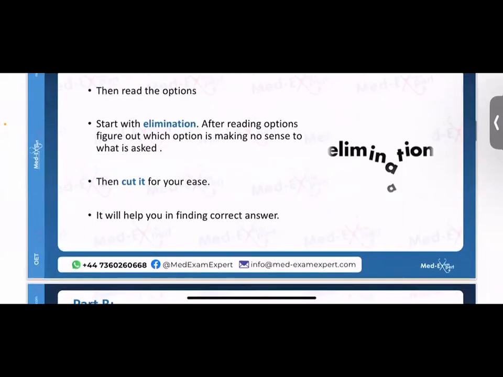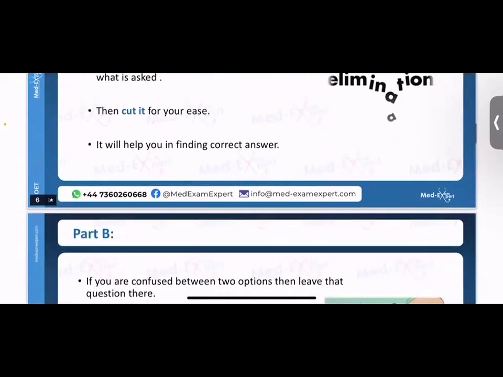Then cut it for your ease, because you are given a pencil and eraser. It will help you in finding the correct answer. Let's suppose you think option A is not making sense, you can easily cut it out. And if you think that option C is also not making any sense to the question asked, you can cut it out.